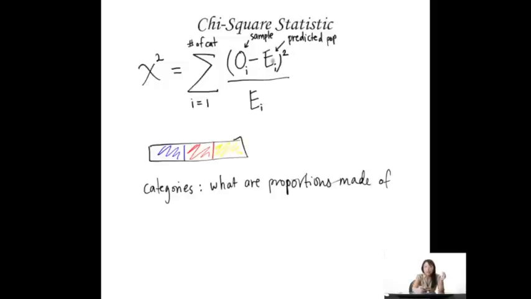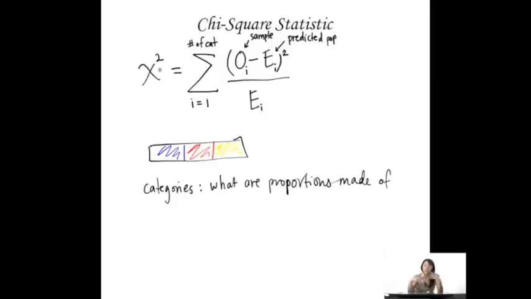If this difference is very, very large, so observed frequencies are just very different than expected ones, you're going to have a very large chi-square. Also, if this difference is very small, they're really close to each other, then your chi-square is going to be very small. So chi-square is giving us a measure of how far apart the observed and expected frequencies are.